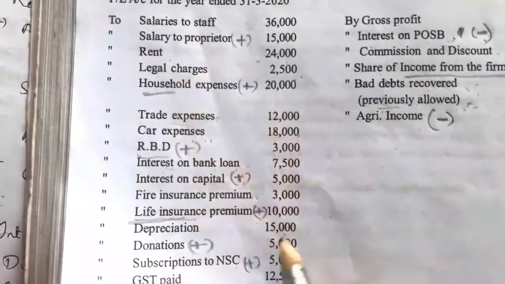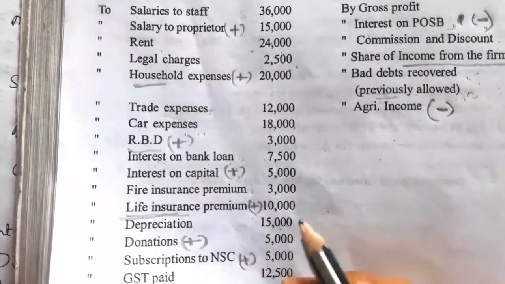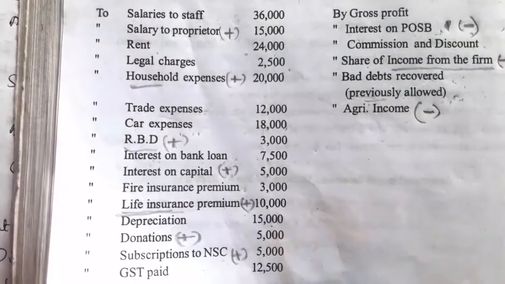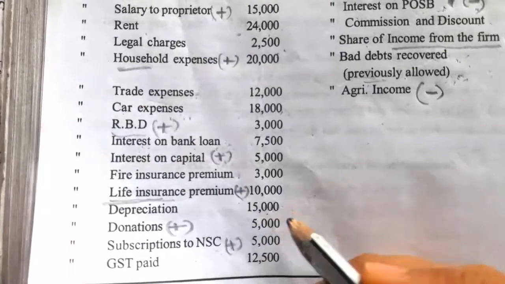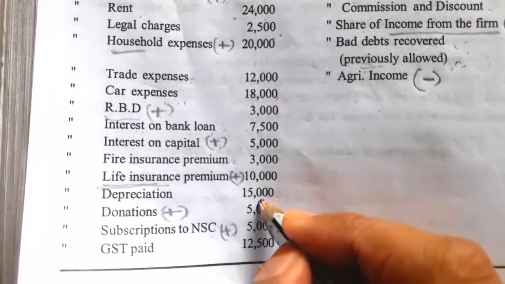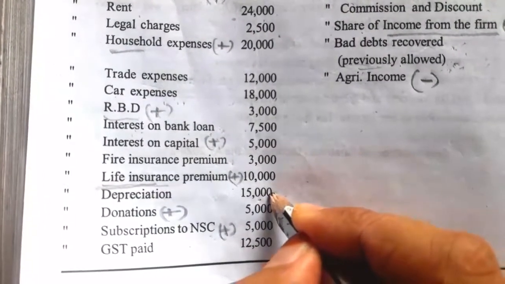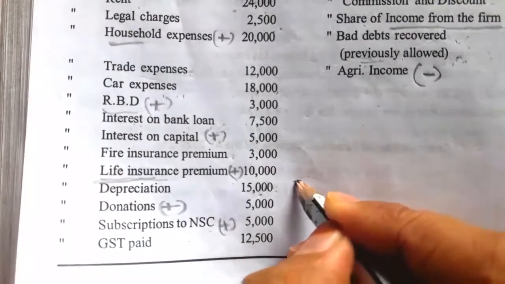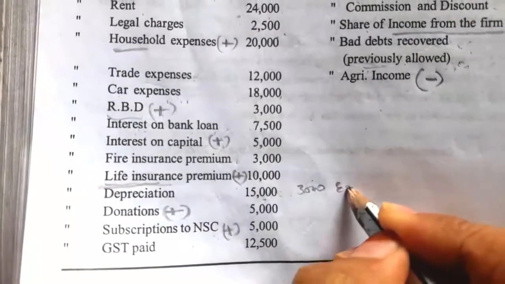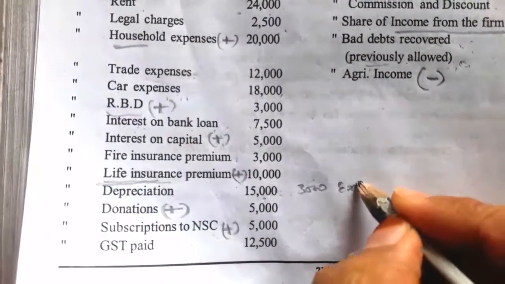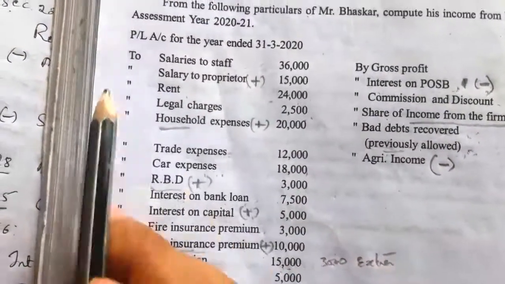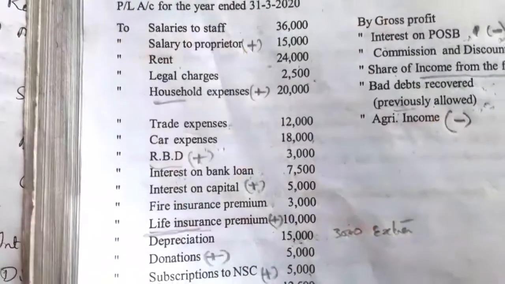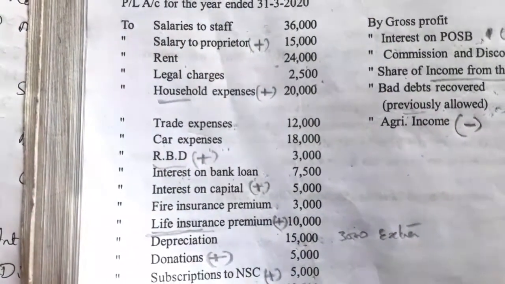They have recorded the depreciation, but they recorded a higher value. Actual allowable is 12,000, but they recorded 15,000, meaning 3,000 extra depreciation. This 3,000 extra amount has been deducted from the net profit. Now we have to cancel this 3,000.